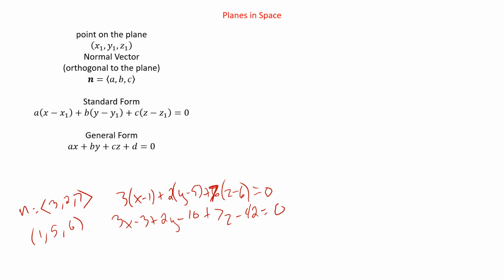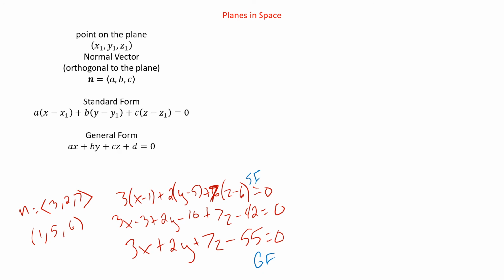And then negative 3 minus 10 minus 42 is negative 55. So we get 3x plus 2y plus 7z minus 55 equals 0. And this will be the general form, whereas the top one was the standard form.